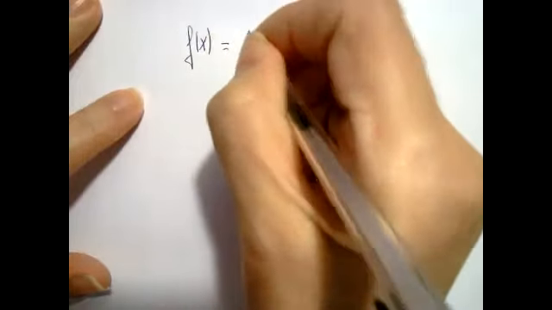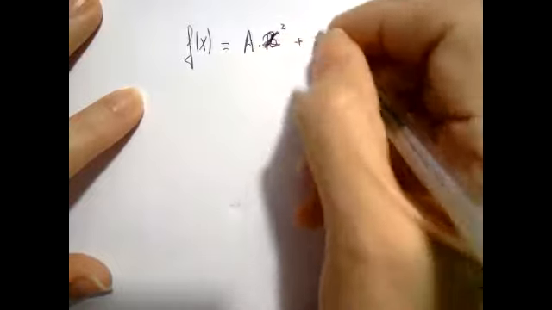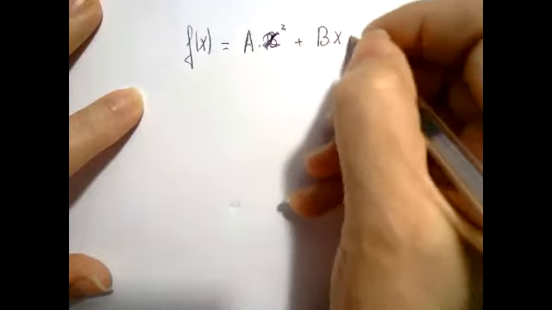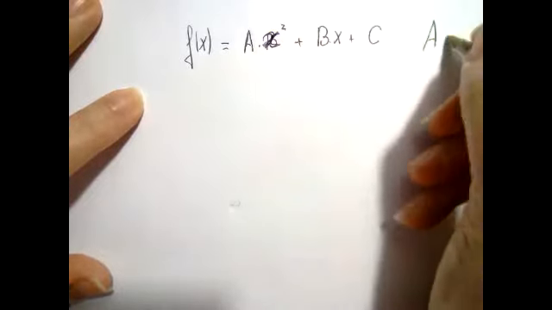quadratic function, we studied linear, as I've said, and they have this very specific format: ax squared plus bx plus c with a different from 0. So that's a form of the quadratic.